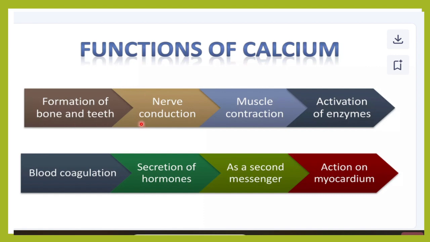Calcium plays a very important role. Muscle contraction: whenever there is deficiency of calcium, you can see that patients will have a lot of aches, a lot of pains, etc. All this because calcium maintains the integrity of the muscles. Activation of enzymes, blood coagulation, secretion of hormones. It acts as a second messenger and also acts on the myocardium.